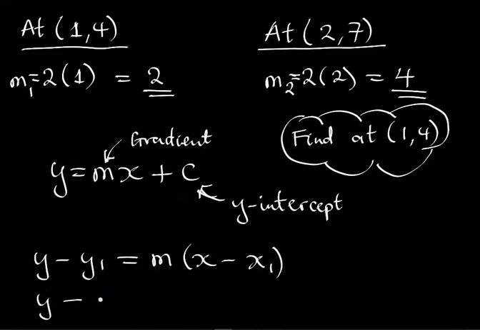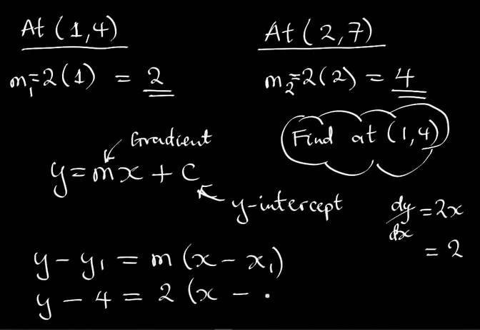Therefore, y minus y1, y1 is 4. The gradient m, remember the gradient function dy/dx, is equal to 2x. So we'll just get the value of x there, plug it there, and at the point when x is 1, our gradient is 2. So we plug in a 2 where we have the m. Then x1, we put that 1.